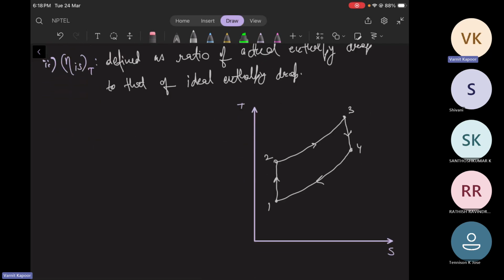Okay. So what do I mean by ideal enthalpy rise? That ideally, enthalpy should go from 1 to 2. But always remember, from the first and second laws of thermodynamics, that the entropy of a system can never be less than 0.